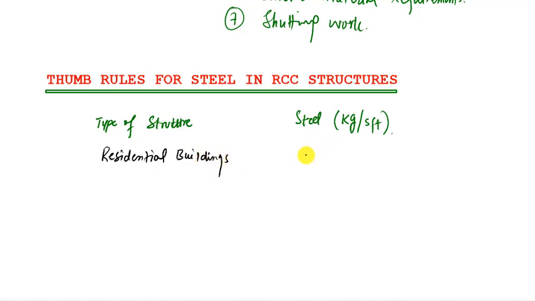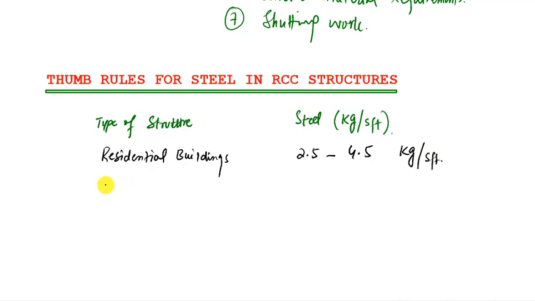For residential buildings, as I already mentioned at the start of the lecture, all these values are approximate values. So for residential buildings, we actually consider 2.5 to 4.5 kg of steel per square feet.